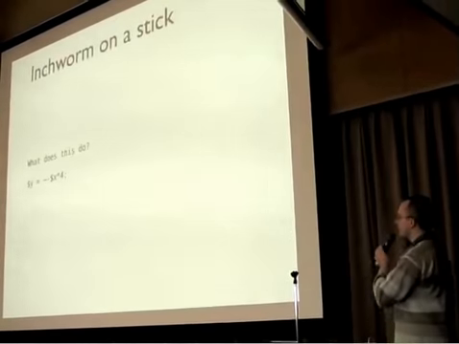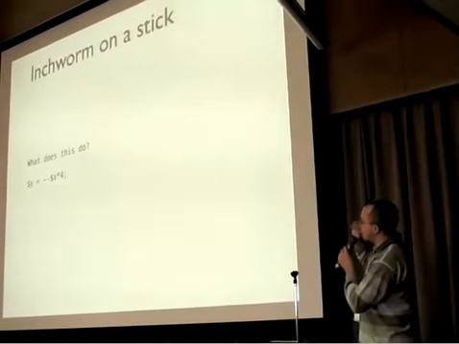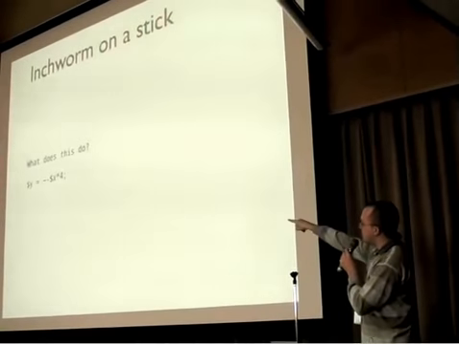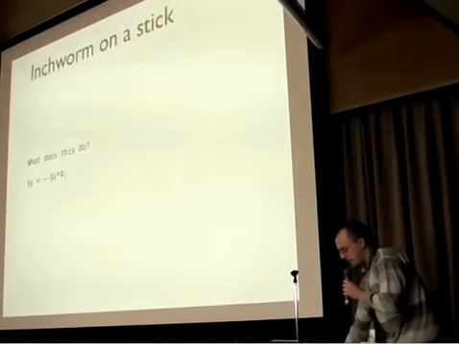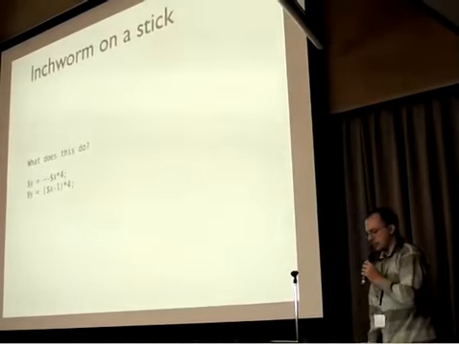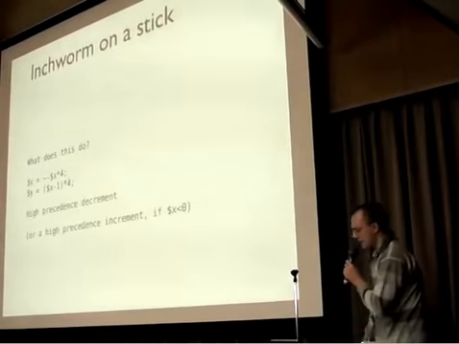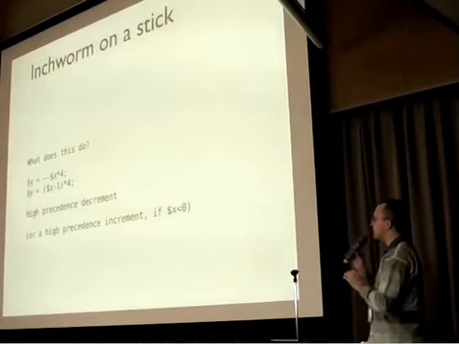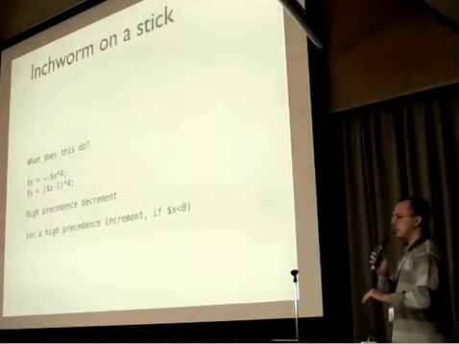So what does this do? You'll notice that we get that variable $x, and what's going to happen is this. So basically it's a high precedence decrement, or a high precedence increment if $x is lower than 0.